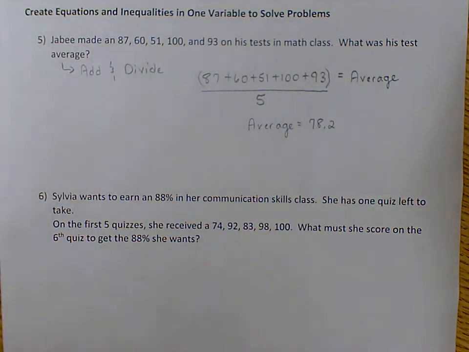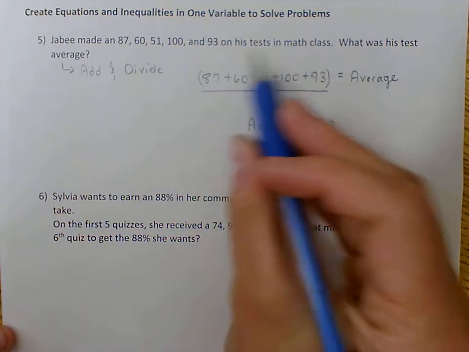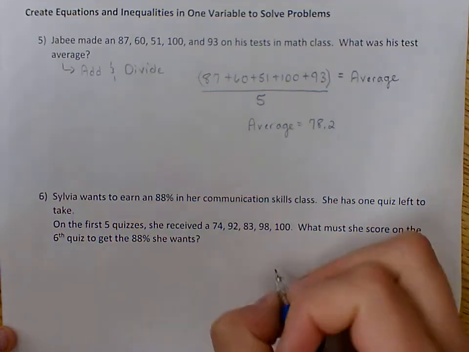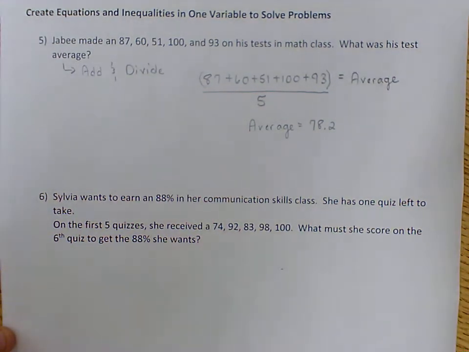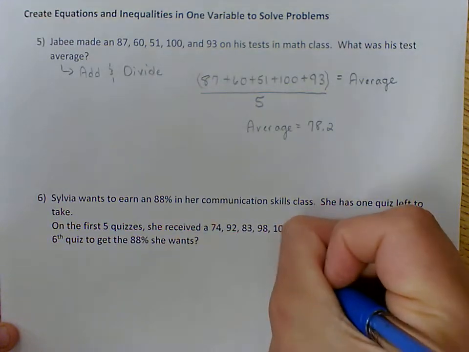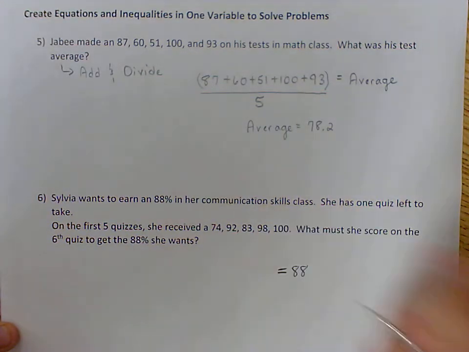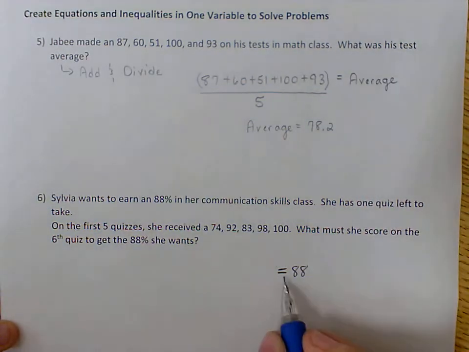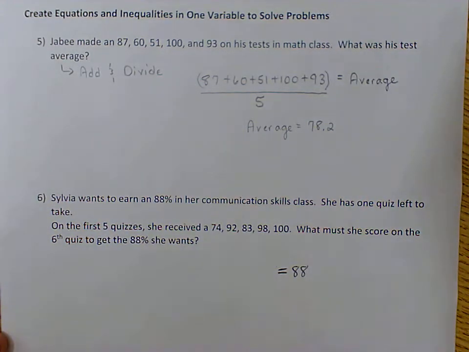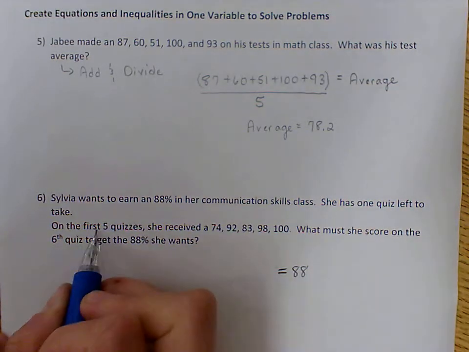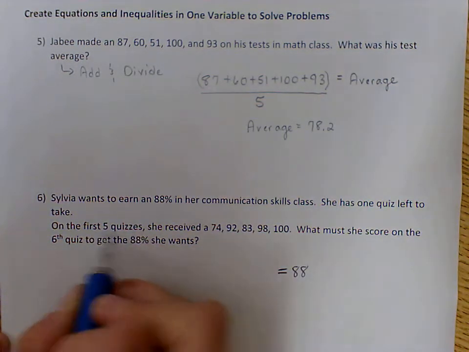And so you can actually use what you know about averaging to figure that out. In the end, she wants her average to be an 88. That's what, when she does all this work with her grade, she wants the average to be. So I'm going to put equals 88. It says that she has one quiz left to take, and these are the grades that she has on the first 5 quizzes.